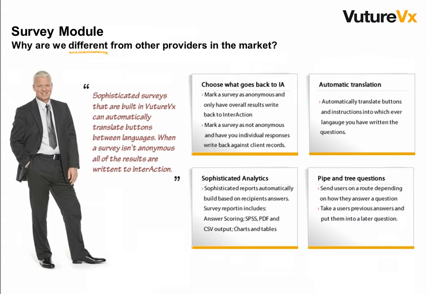If it hasn't been marked as anonymous, then the individual responses can be written back against client records. And in terms of the analytics, again, as well as the information that's writing into InterAction, you can build detailed reports which will look at creating tables, charts, outputting in CSV, PDF, even SPSS formats for data analysts.